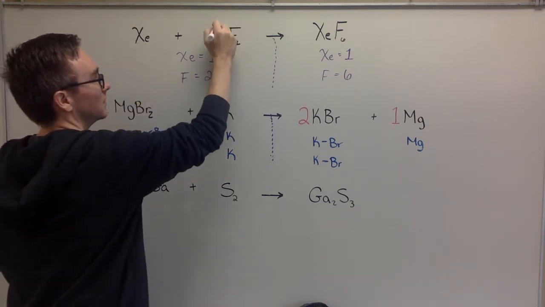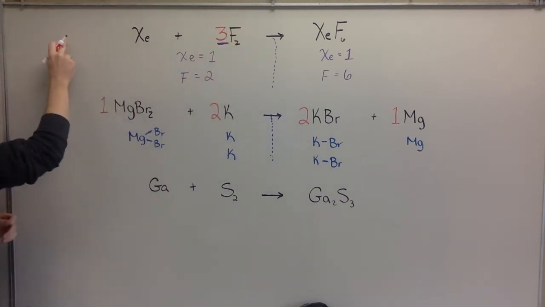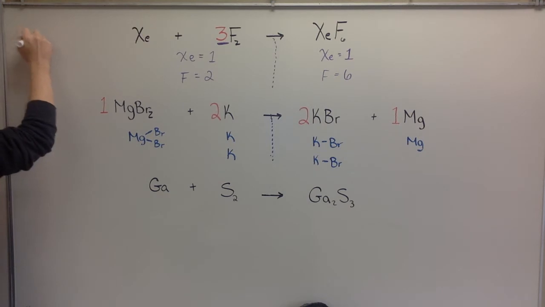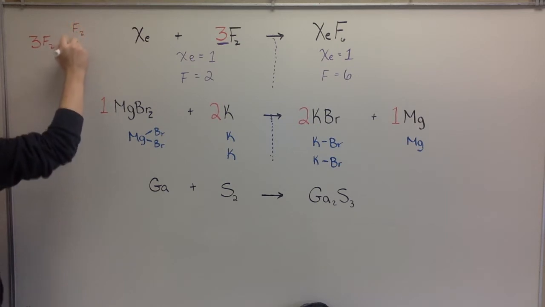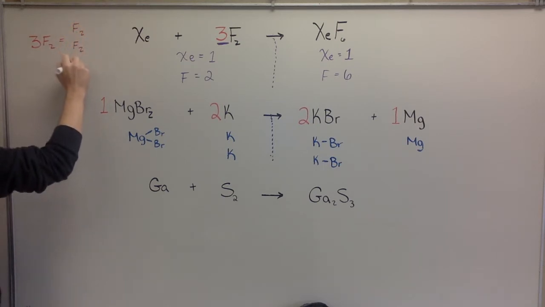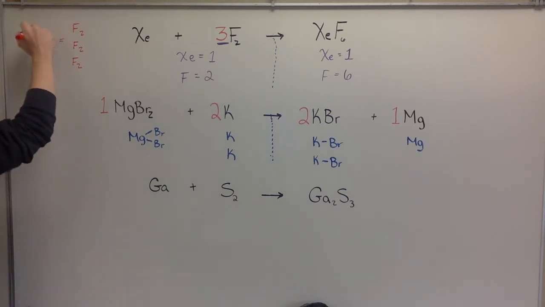I need 3 of them. A little side note here, that 3F2 is literally saying that there are 3 of these. 3 F2s. All right? So there's 2, 4, 6, or we just distribute.